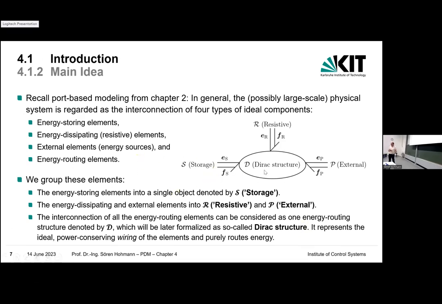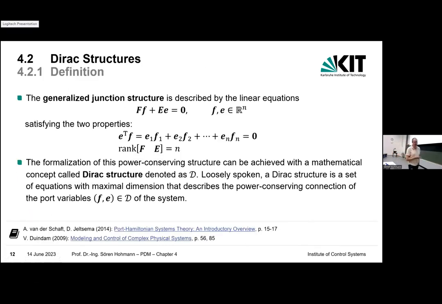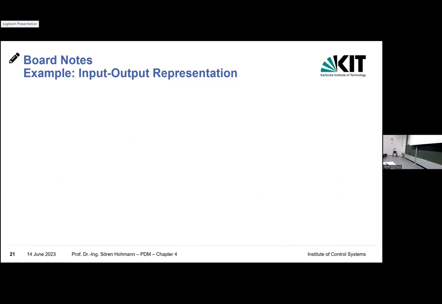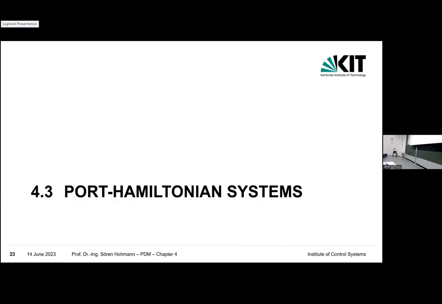We have to carefully look at the storage elements at that point. Therefore, I want to define port-Hamiltonian systems. Up to now, we just learned about the geometric properties of Dirac structures, so it's more or less Kirchhoff's voltage and current laws revisited in a more abstract sense. That's all.